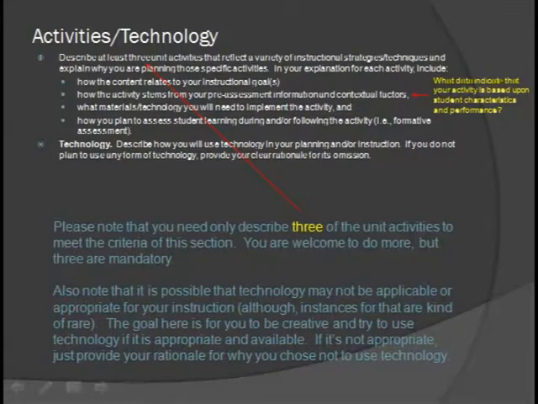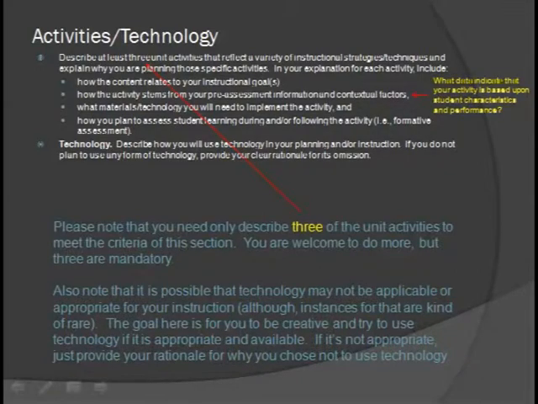You're going to want to show how the activity stems out of your pre-assessment. So you're going to refer back to your pre-assessment, and you're going to justify the fact that you're doing this activity because it supports one of the needs that the students have for their achievement.